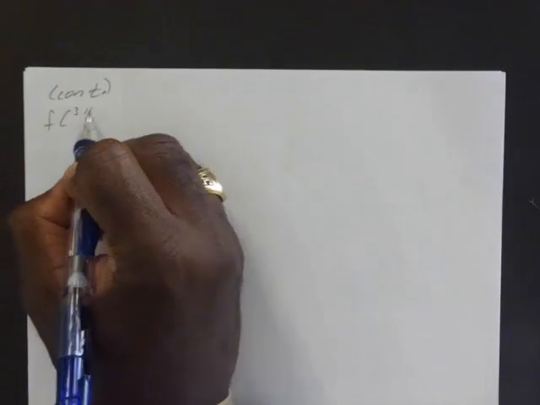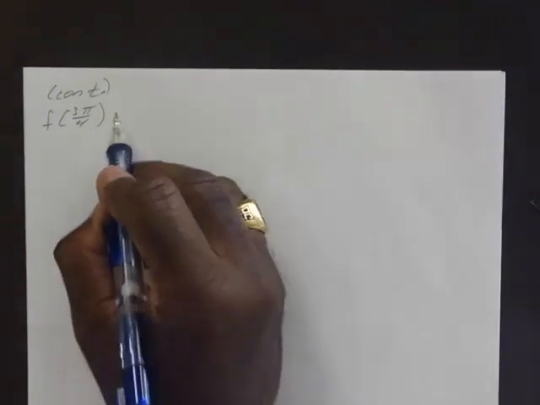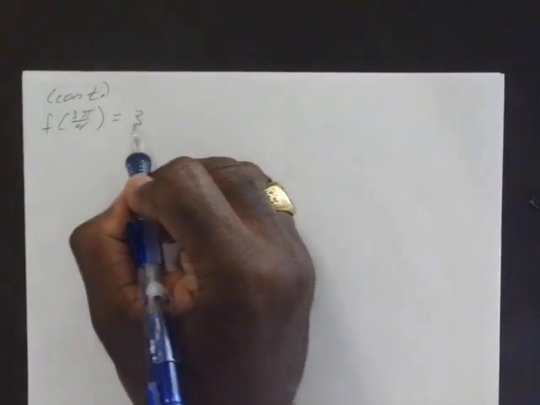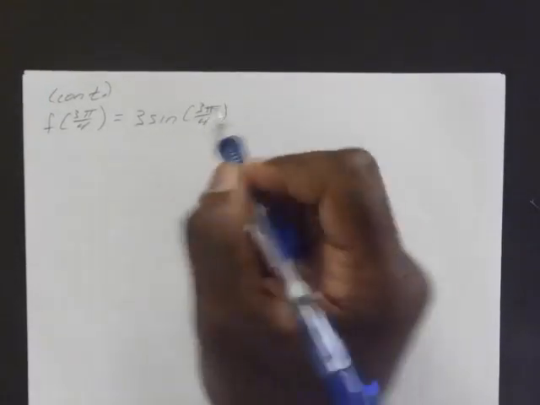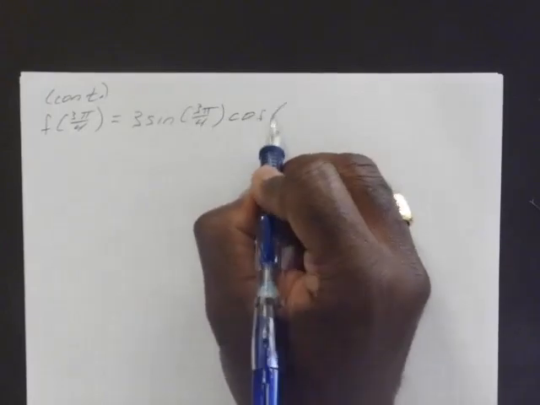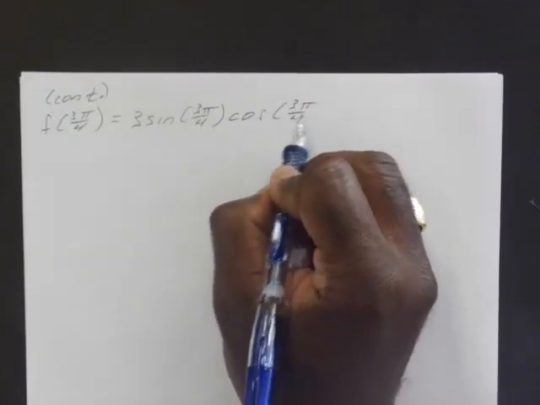Okay, so let's test f of 3 pi over 4. Well, that's 3 times sine of 3 pi over 4 times cosine of 3 pi over 4.